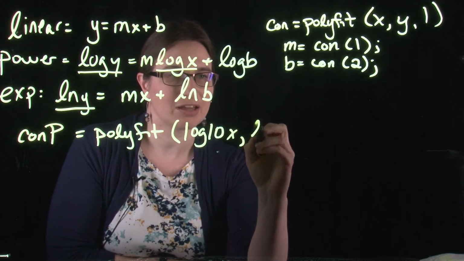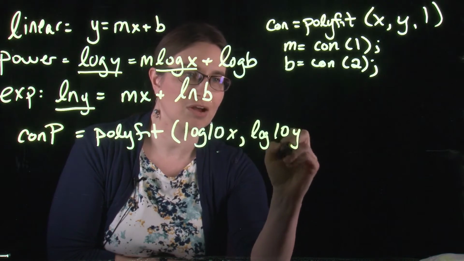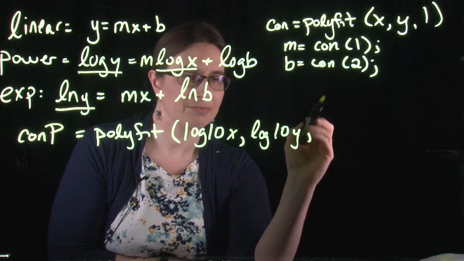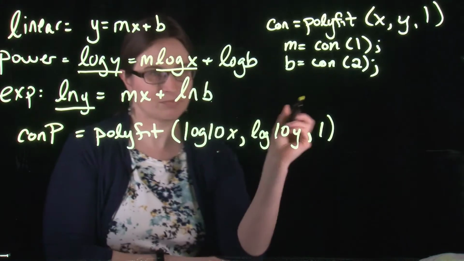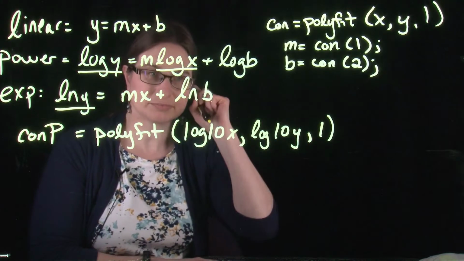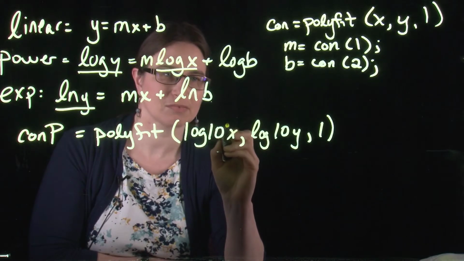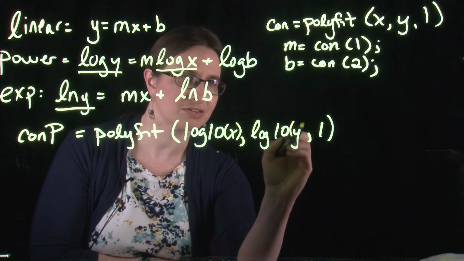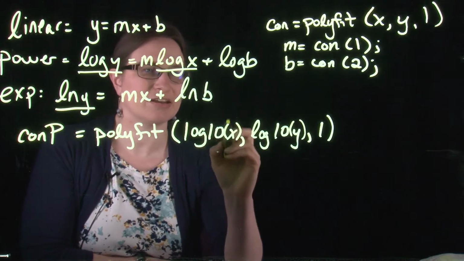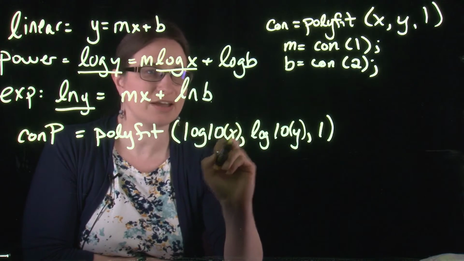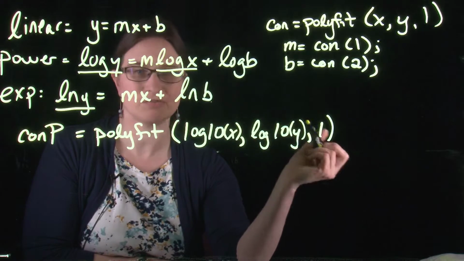And then we have log10 of y. Okay, and then first order. Okay, and now probably need parentheses around these as well. Okay, so log10 of our variable x and log10 of variable y and first order.